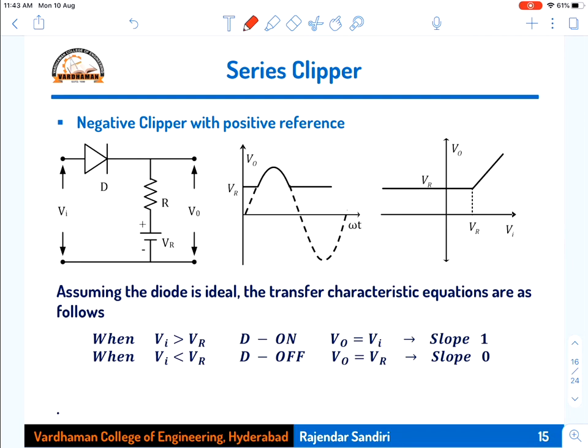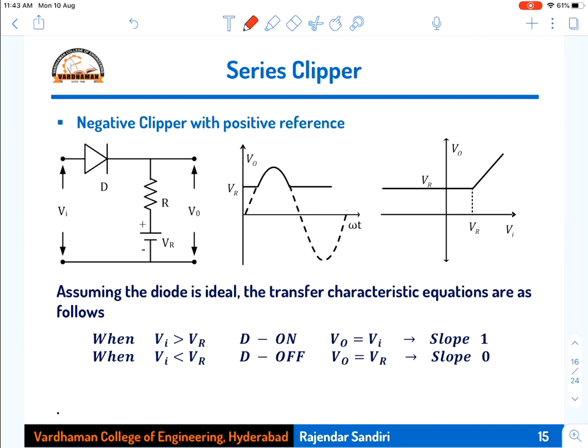So we always compare the input voltage with the reference voltage, whether Vi greater than VR or Vi less than VR. If the VR is negative, then Vi greater than minus VR or Vi less than minus VR. If there is no battery existing, then it will be compared with 0, Vi less than 0, Vi greater than 0, and so on.